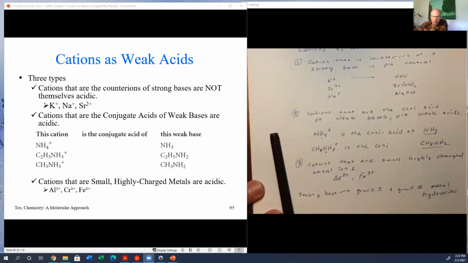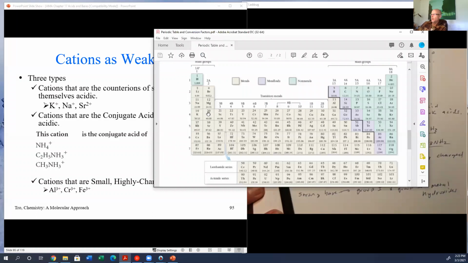So when you put group 1 and group 2 metals together with a hydroxide, those are the strong bases. Okay. Thank you.